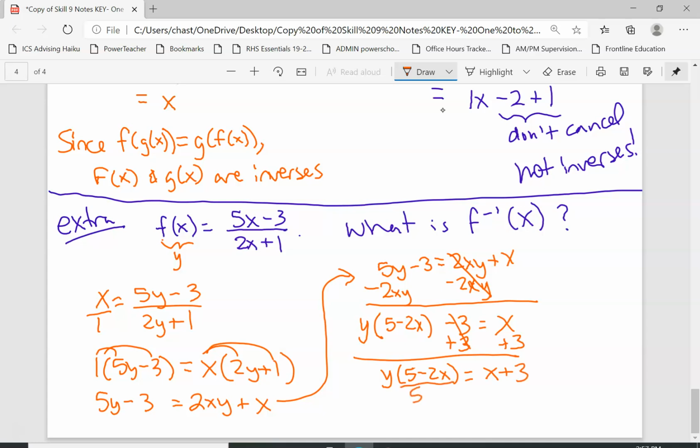So then I'm just going to divide both sides by 5 minus 2x. And since y is now going to be f inverse of x, I will say that that is x plus 3 over 5 minus 2x. Okay, so just another example there to practice that out. All right, so with that, now you should be able to do the problems that are in Delta Math.